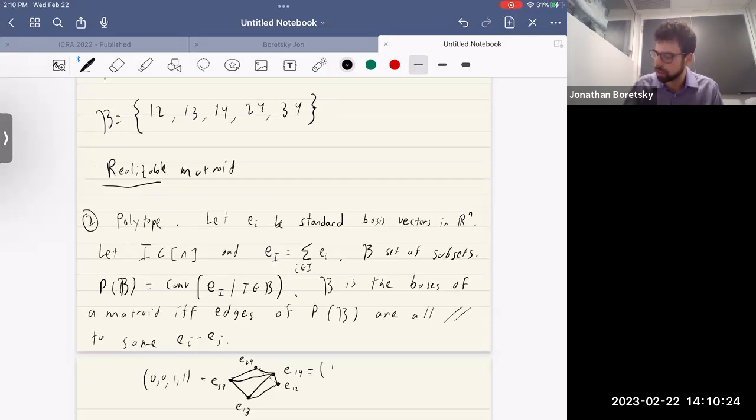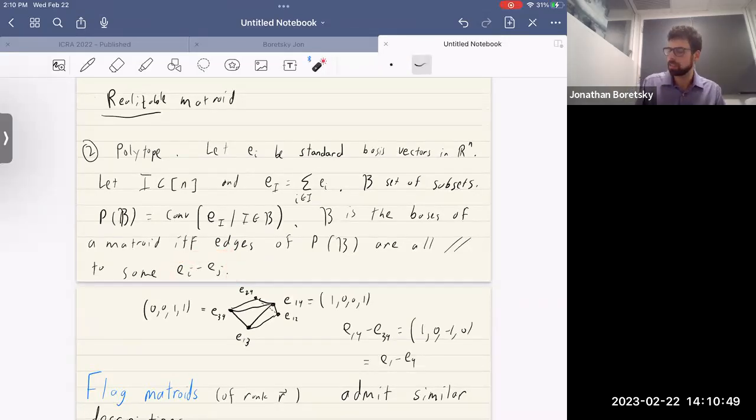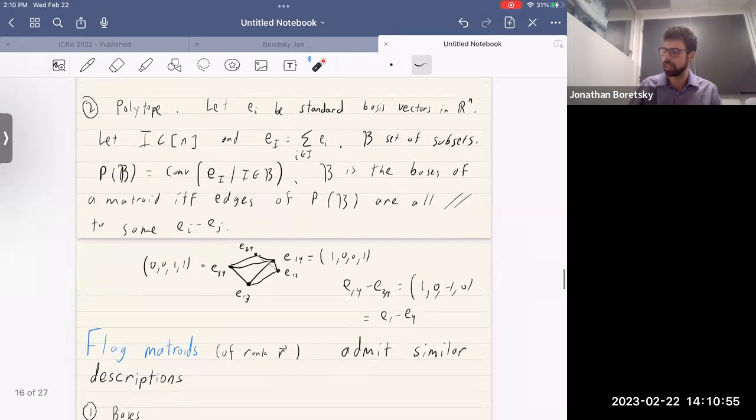And e_14, I should take the indicator vector of the set 1, 4. That should look like that. And if I take their difference, I should get 1, 0, minus 1, 0, which is exactly e_1 minus e_4. So it has the form that I wanted it to have. So this is an example. We have to check all the other edges, but this is an example of something which is a matroid polytope, which further shows that the thing we had above was a matroid.